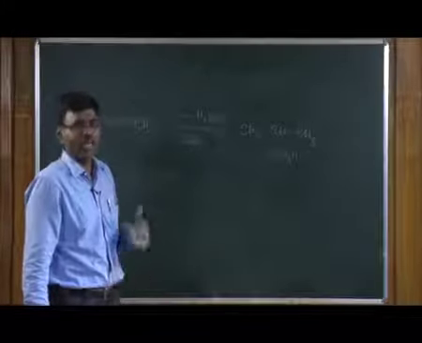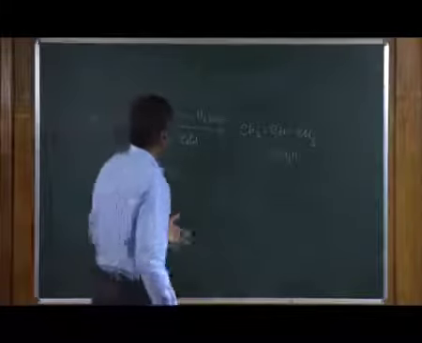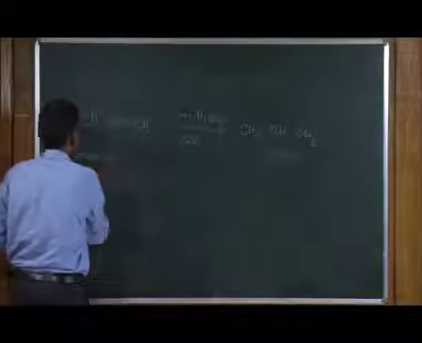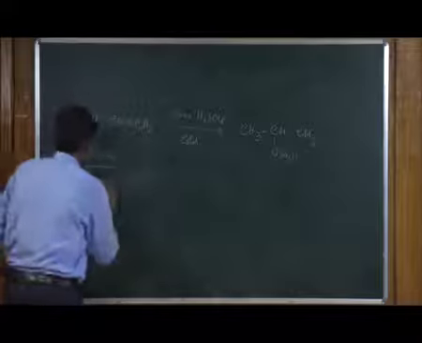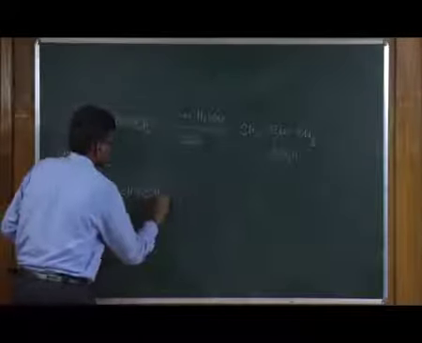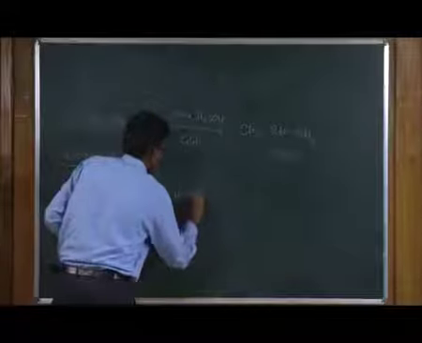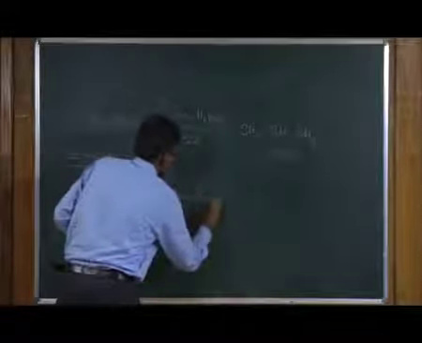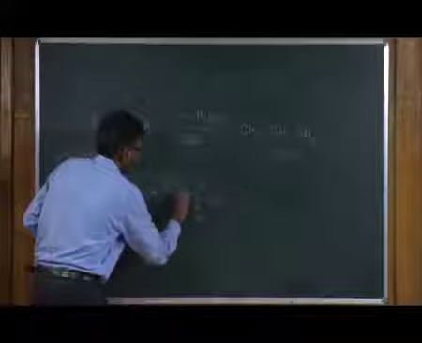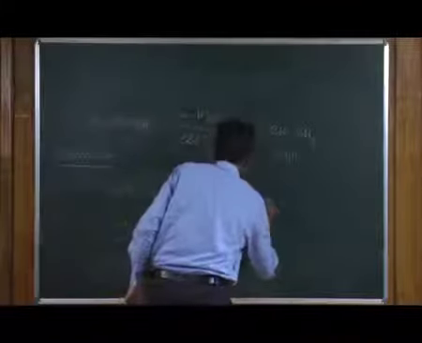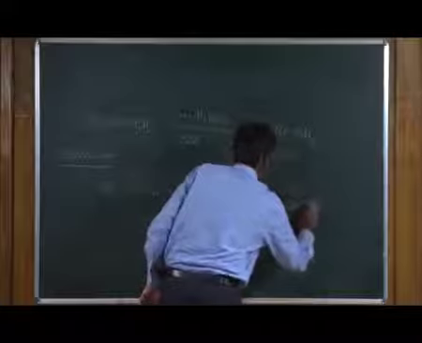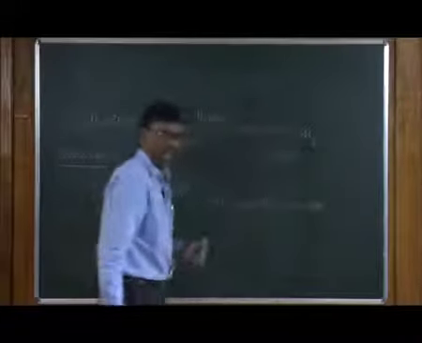This reaction also involves electrophilic addition, and if you look at the mechanism, as we have seen earlier, the double bond attacks this one, and you form a more stable secondary carbocation.